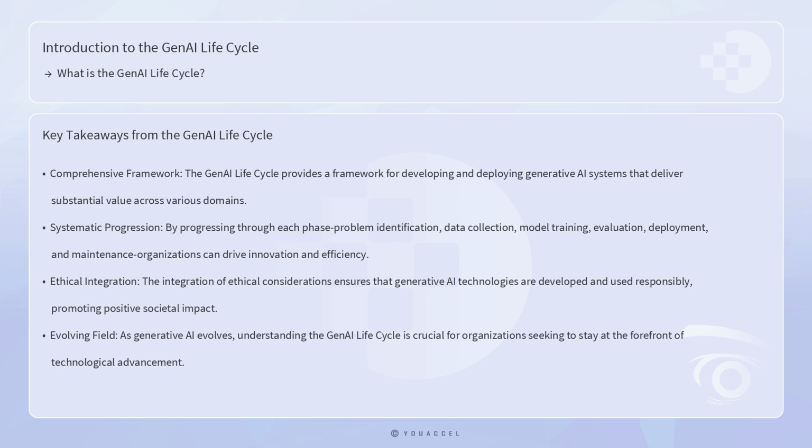The integration of ethical considerations throughout the lifecycle ensures that generative AI technologies are developed and used responsibly, promoting positive societal impact. As the field of generative AI continues to evolve, understanding and applying the principles of the GenAI lifecycle will be crucial for organizations seeking to stay at the forefront of technological advancement.